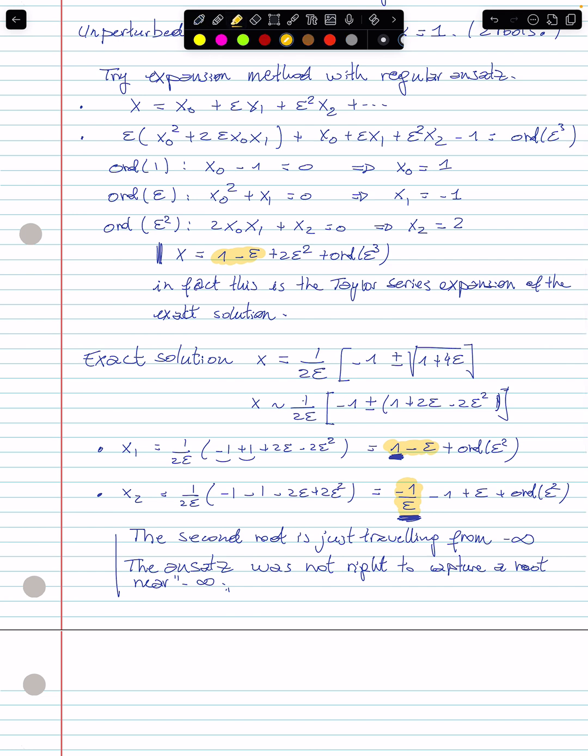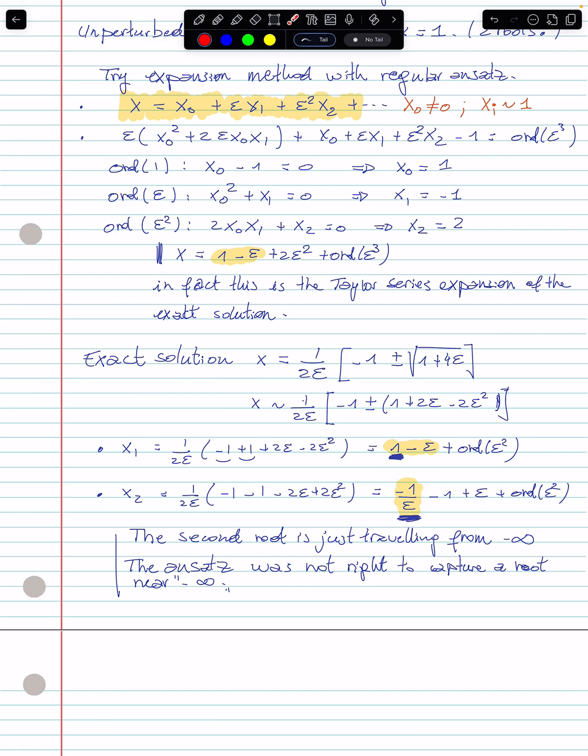Because when we wrote the regular ansatz, remember what we said in the very introductory lecture: for this to be valid, we need to assume that x0 is different from 0, and that all xi's are of order 1. And so, if x0 is of order 1, there is no way we can capture a root that is going to minus infinity.